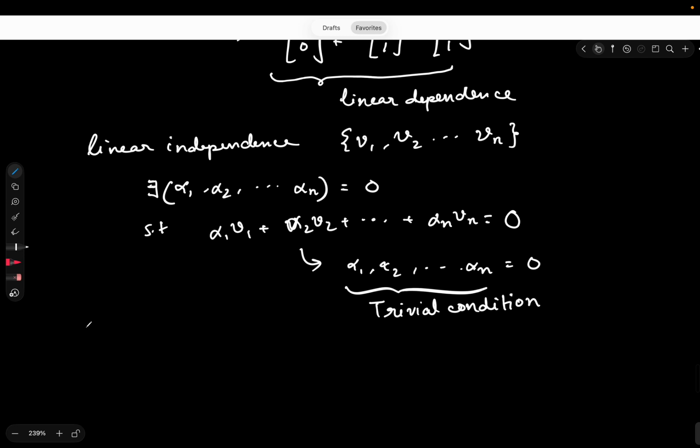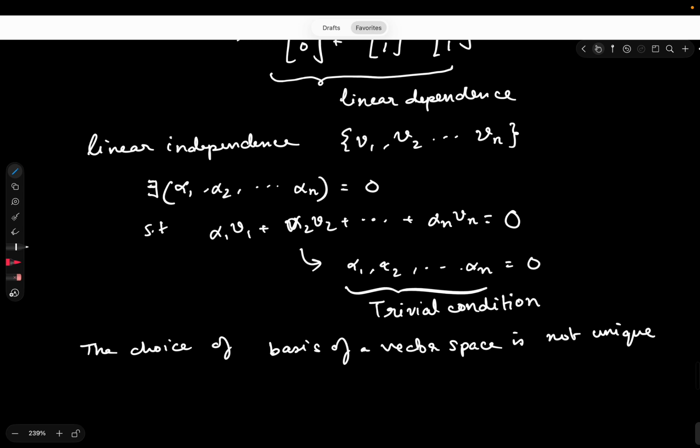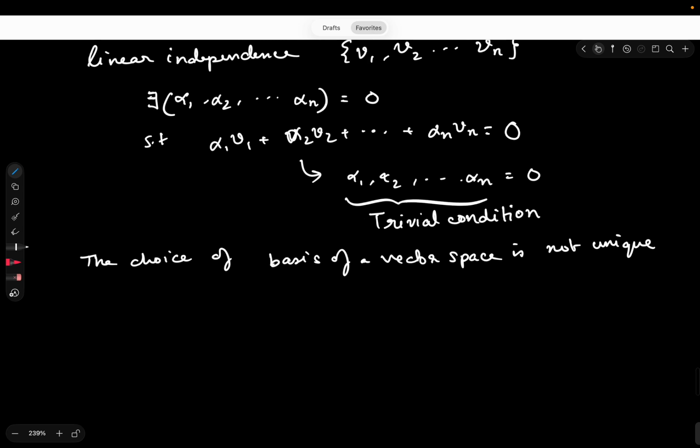And the last very important point is that the choice of basis of a vector space is not unique. We can choose any basis we like as long as the vectors are linearly independent.